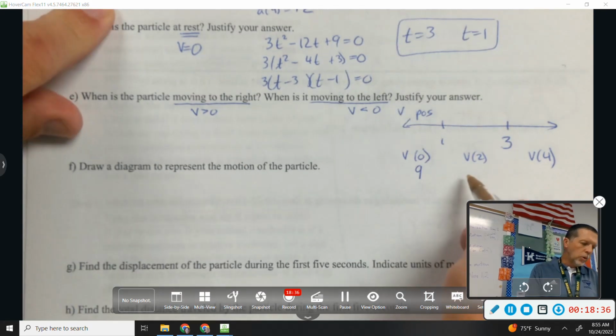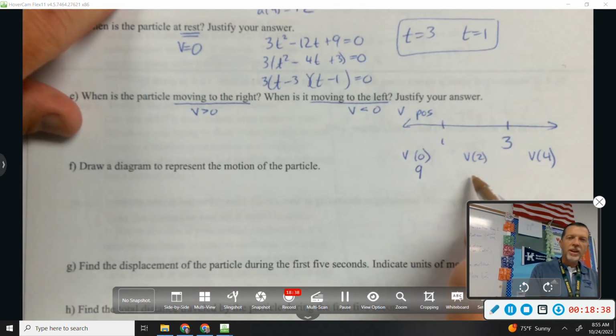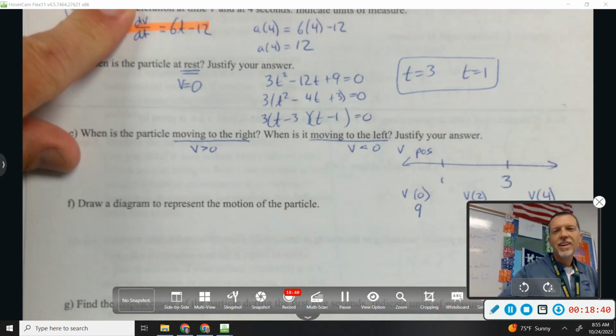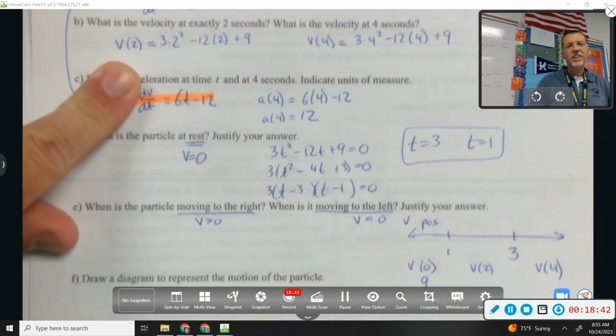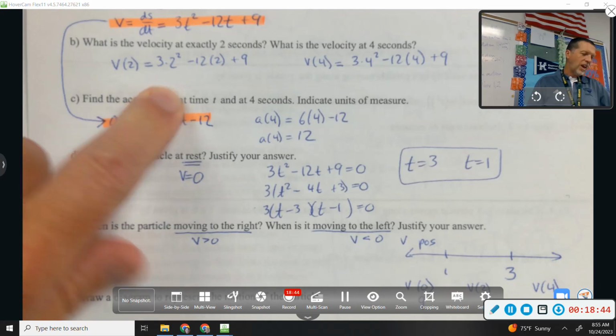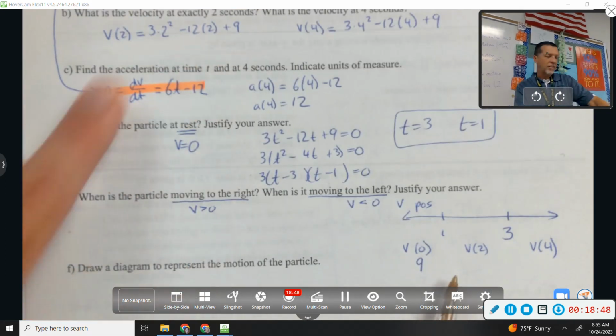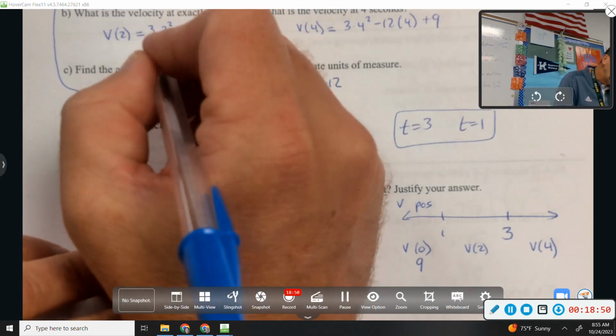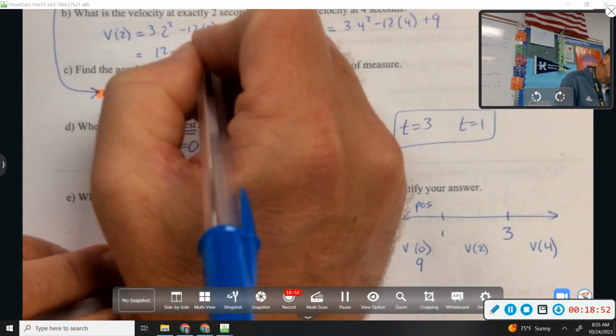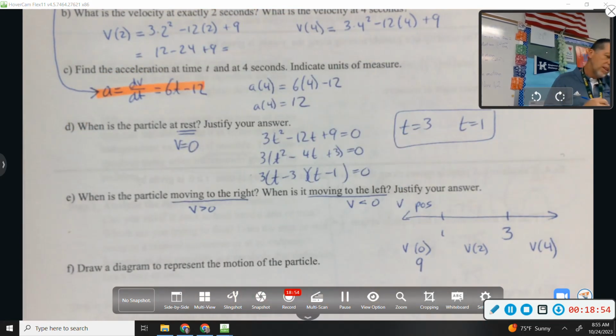V of 2, we did that already, except we sort of cheated ourselves here. We safe stopped it, but now I need to know what that is because I need to know if it's positive or negative. So I need to go back and 12 minus 24 plus 9. That would be negative 12 plus 9 is negative 3.